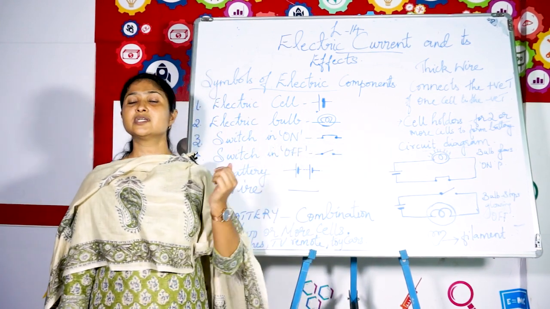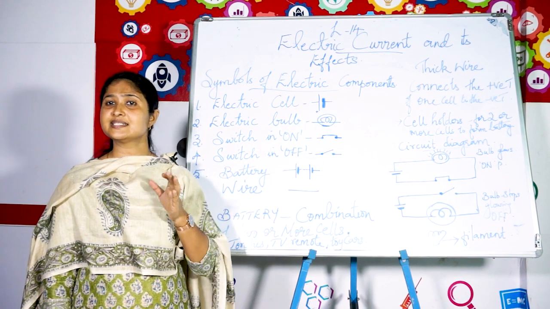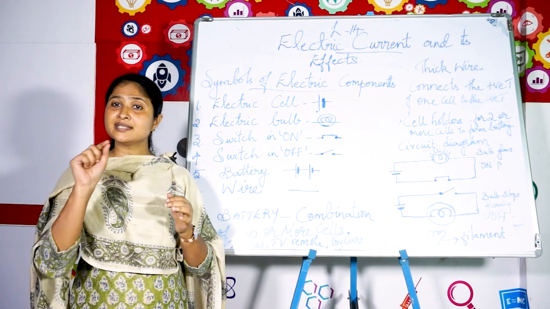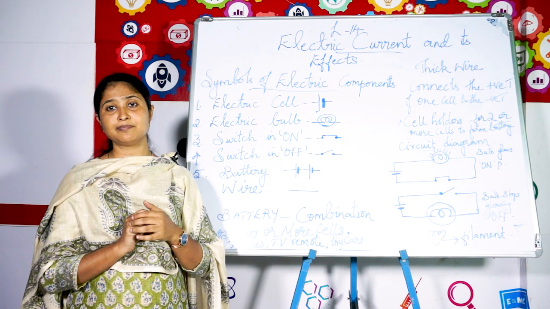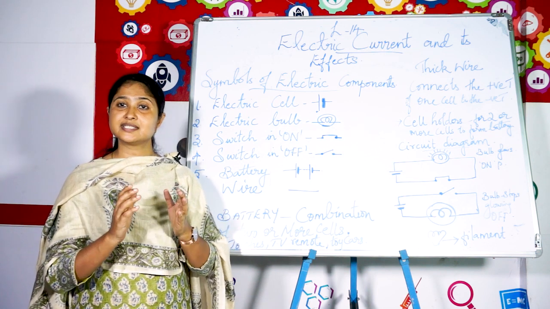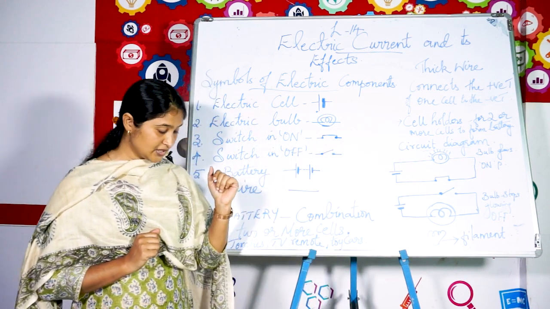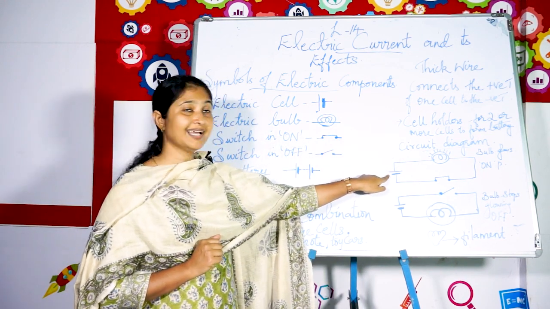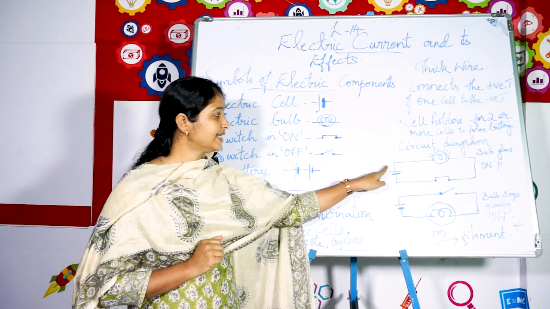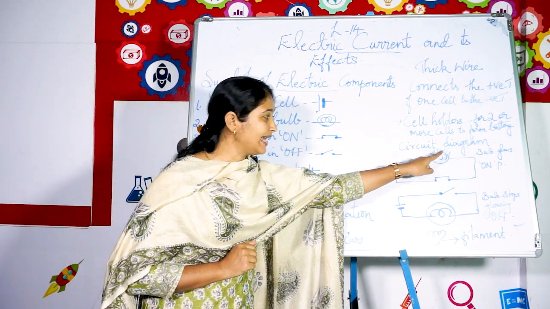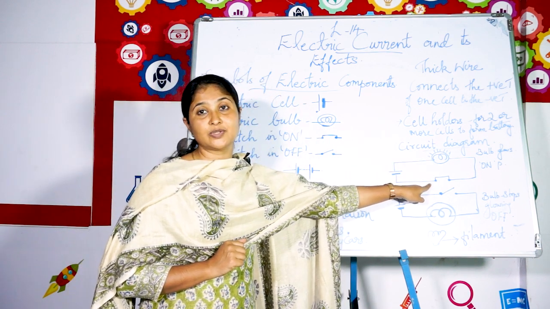Now, the circuit diagram. What is a circuit? It is nothing but the path through which the electricity passes. To represent the circuit diagram, you all know this is the electric cell. It is connected to a bulb, and this in turn is connected to the switch.